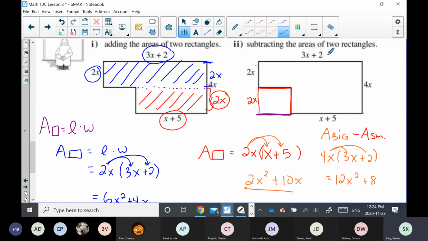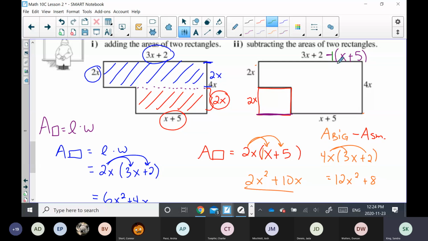If I subtract x plus 5, I will get this length here. So when you subtract and you subtract more than one term, you put it in a bracket. When you multiply and you multiply more than one term, it goes in a bracket. So whenever we have more than one term, it must go in a bracket.